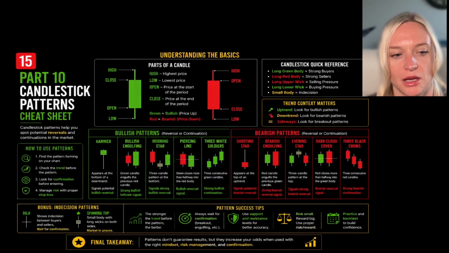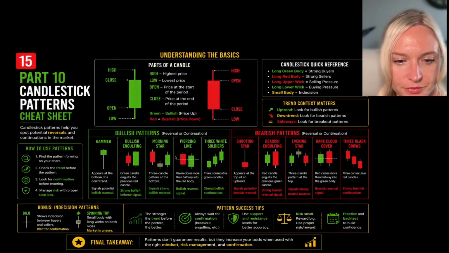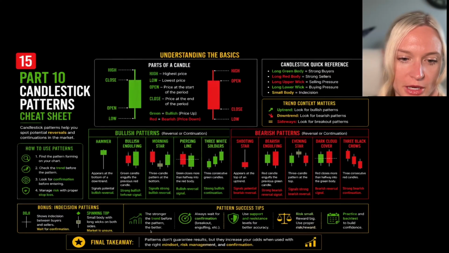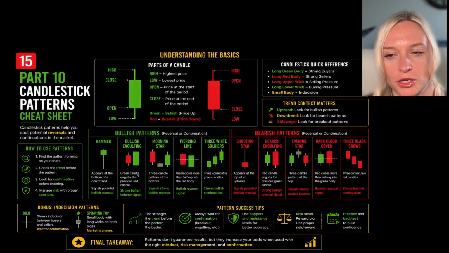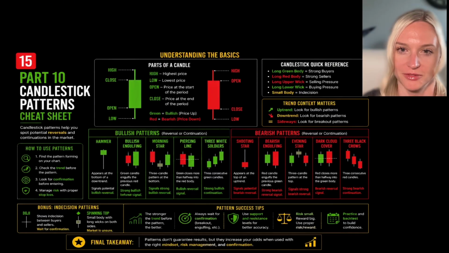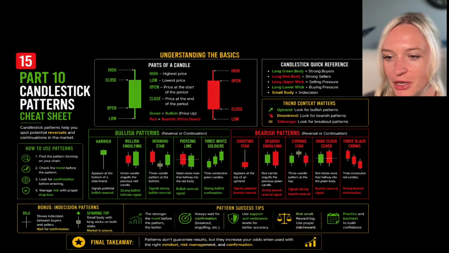A doji is a big signal for reversal, and we'll see some charts along the way. I said the stronger the trend before the pattern, the better. Right now we're in a big bull market, and a lot of people try to short. Well, the trend is too strong, and they might be experiencing a little bit of pain by shorting right now. But if they read simple price action, they may not be shorting yet.